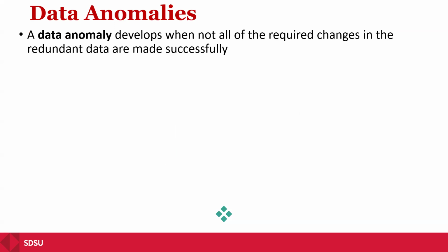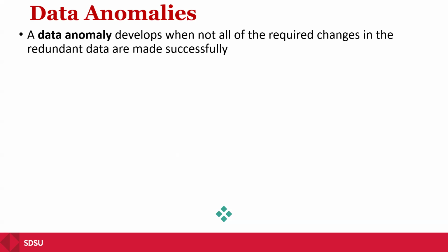I want to talk in detail about data anomalies, because they cause major problems in file processing systems. Data anomalies are the main problem that was solved by the introduction of the database management system.